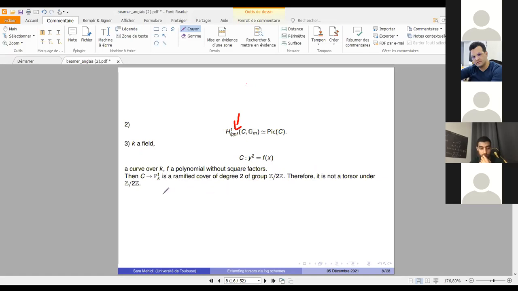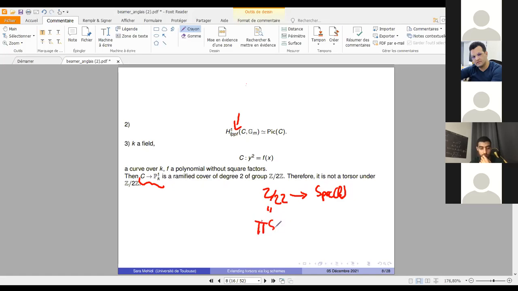The reason is that, as I said in the definition, a torsor is locally isomorphic to the trivial torsor, so to the group which is acting on it. And here, this map is ramified, but the group which is acting here, which is Z over 2Z, is a group scheme over Spec K, the base here. So I said before that this is just a constant group scheme.